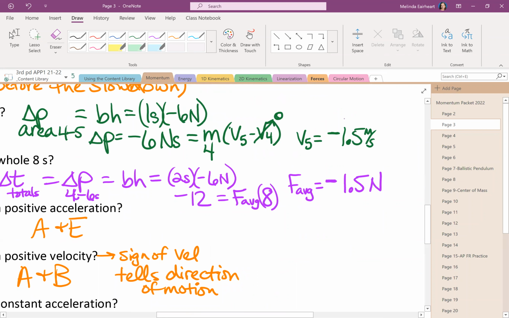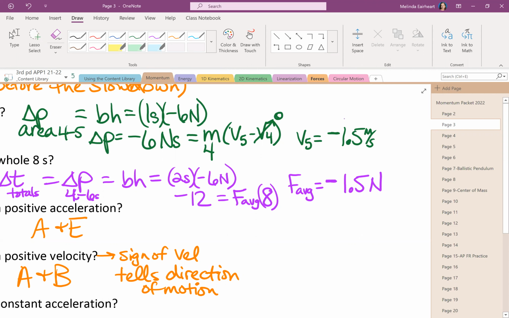Should I draw any conclusions that our answers to C and D are the same? No. Okay, they're both 1.5, but they're for different time intervals and they're for different variables, meters per second and newtons. So magic of math, coincidence, don't read too much into the numbers being the same, okay?